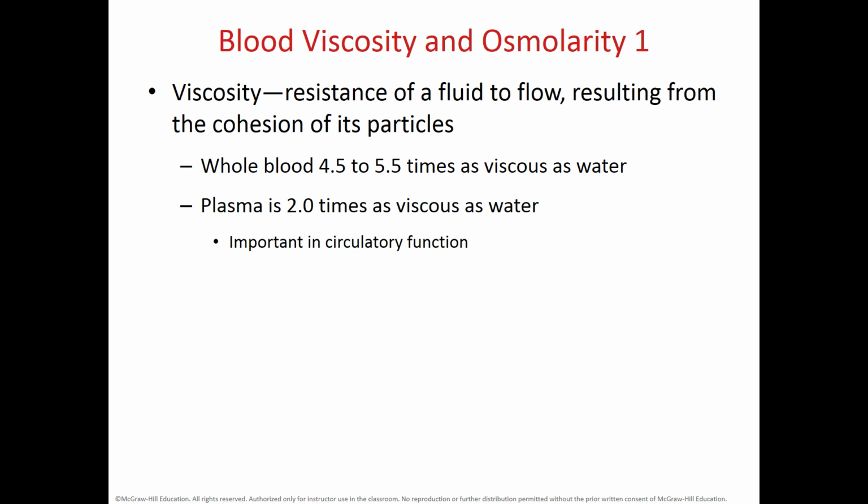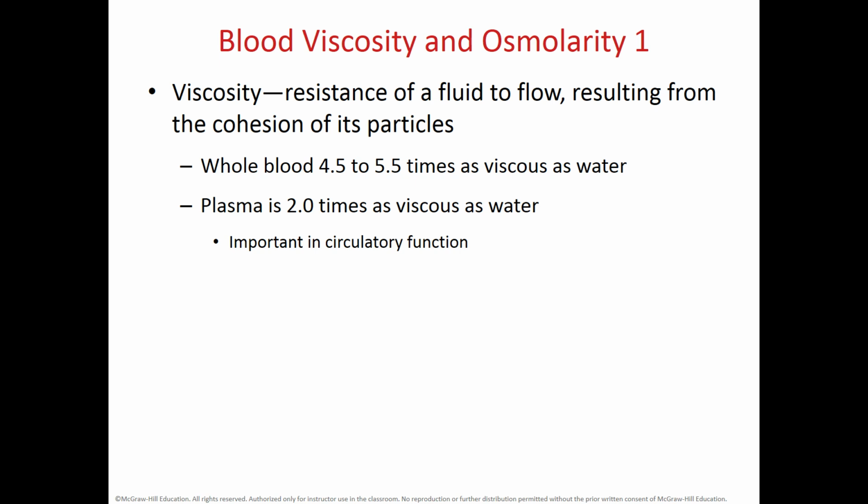So for the viscosity of the blood, the blood has these formed elements and this plasma with all these components that makes the blood a little bit denser than water. And this viscosity is going to provide some resistance for the flow of blood.